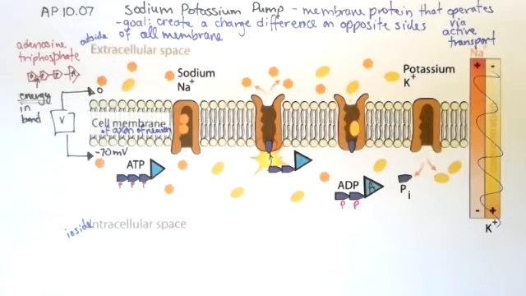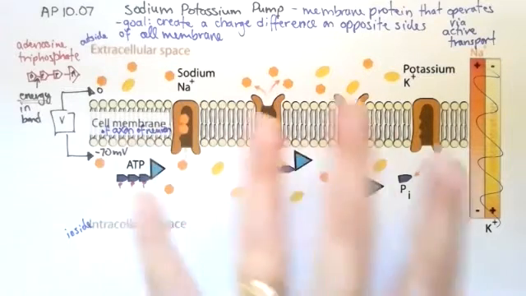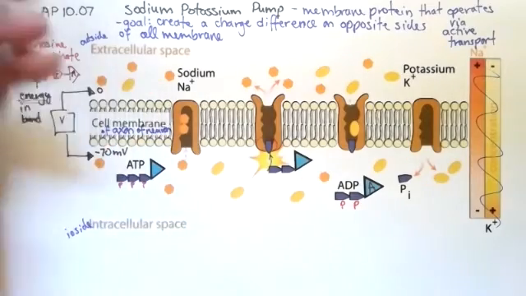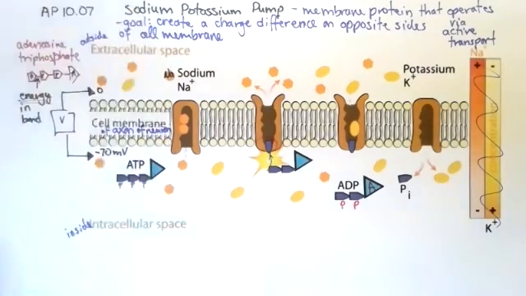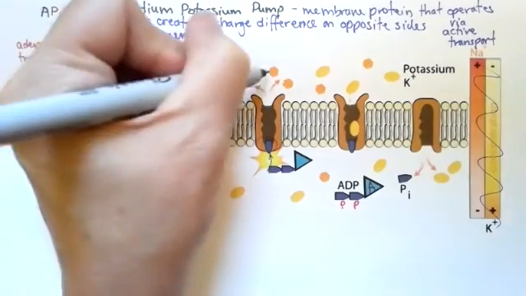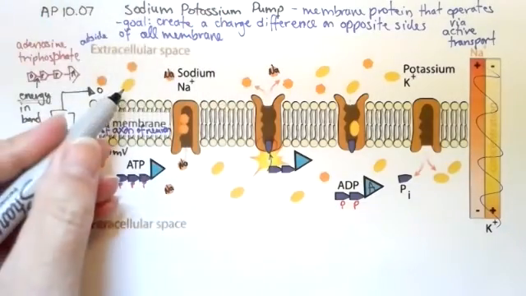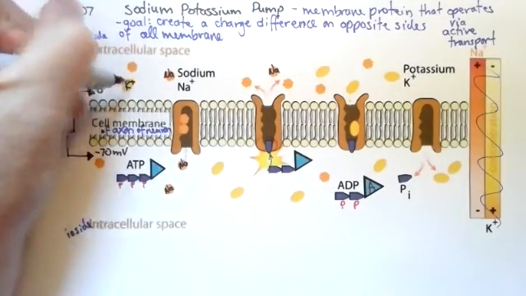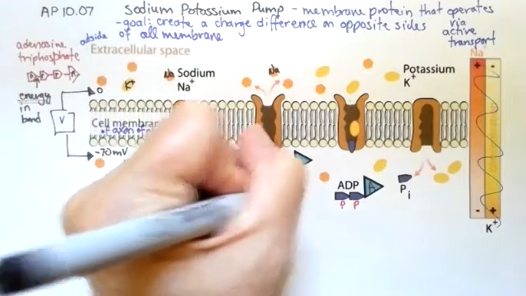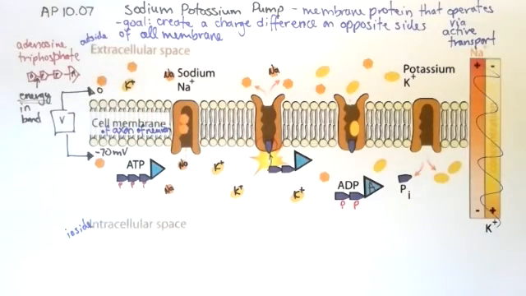So let's talk about what we have going on in our diagram now. The first thing you need to know is that the sodium ions are the hexagons. So Na, all of these are Na. And the ovals are potassium. So these are also transporting ions, just like our membrane ion channels, but they're doing it in a different way.